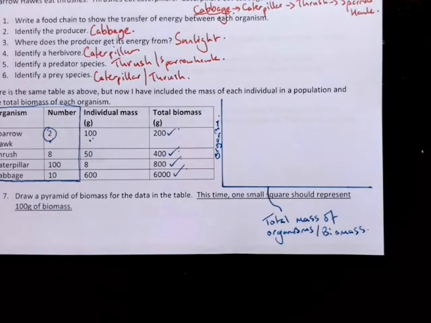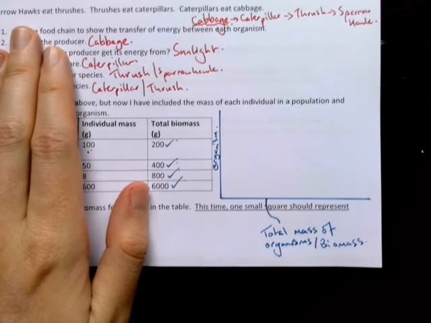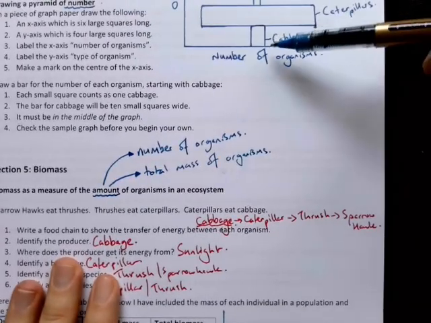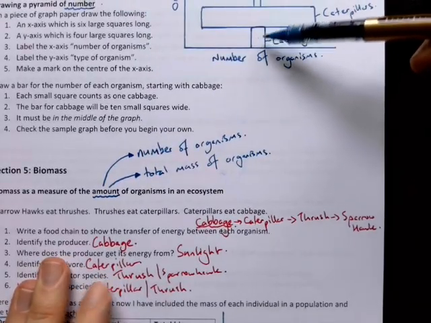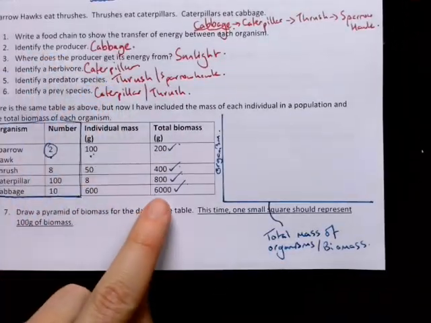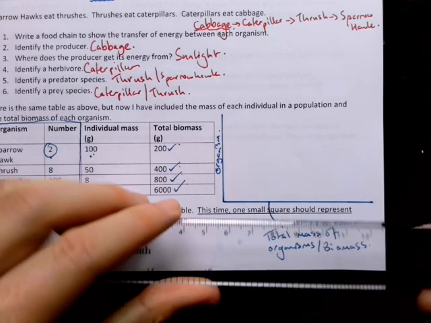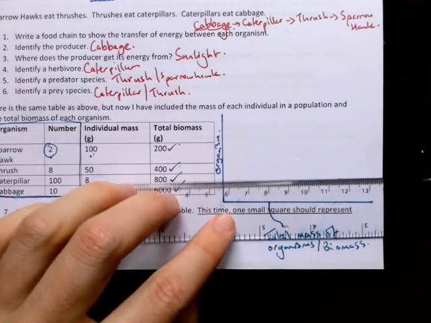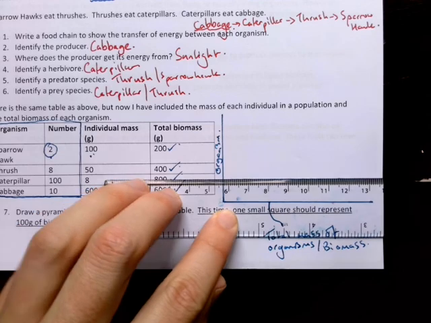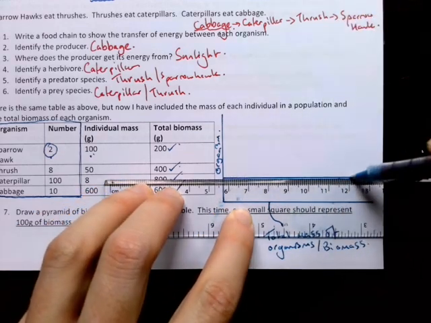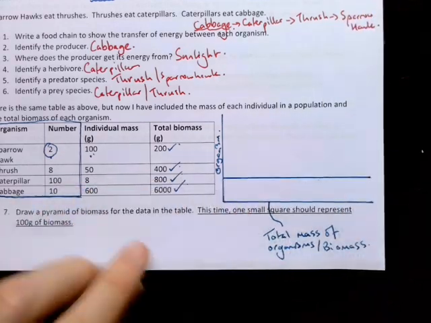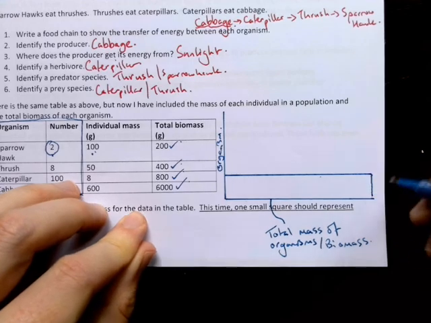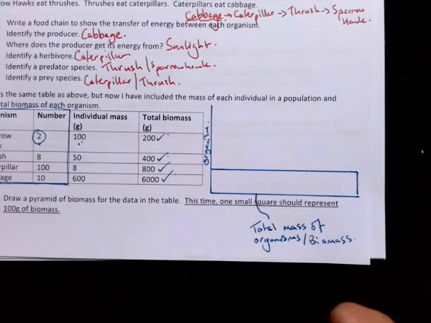So now, instead of having 10 cabbages, we've now got a biomass of 6,000 grams, okay, which is loads, isn't it? Okay, so we're going to put down here, remember it's not to scale, okay, so that's our 6,000 grams of cabbage.